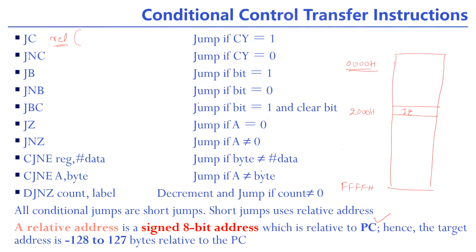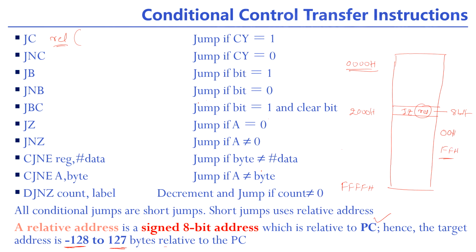Hence, the target address is always minus 128 bytes to plus 128 bytes relative to the PC. Here you need to use only an 8-bit relative address. We are representing it as a relative address, but it is an 8-bit address ranging from 00H to FFH.